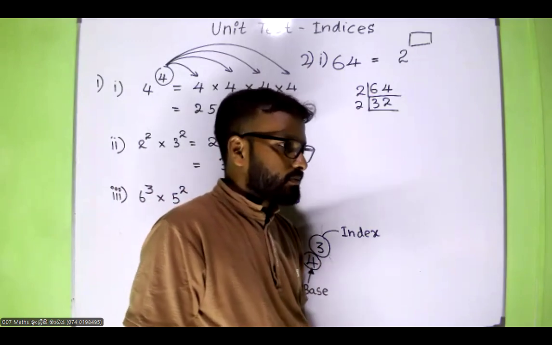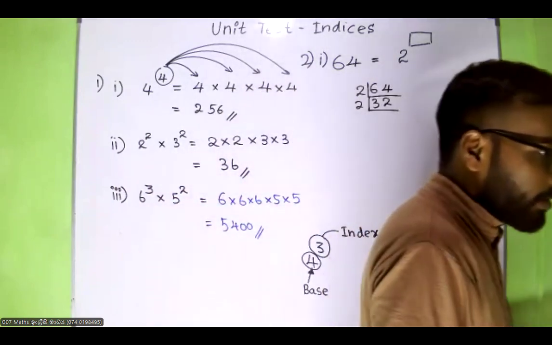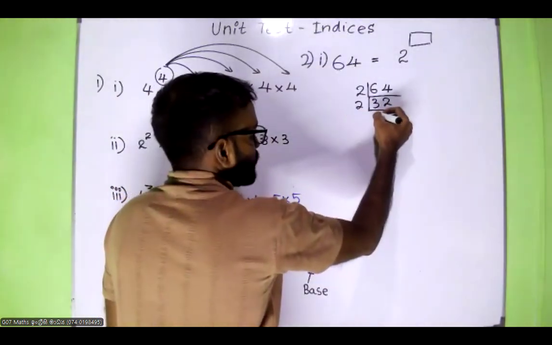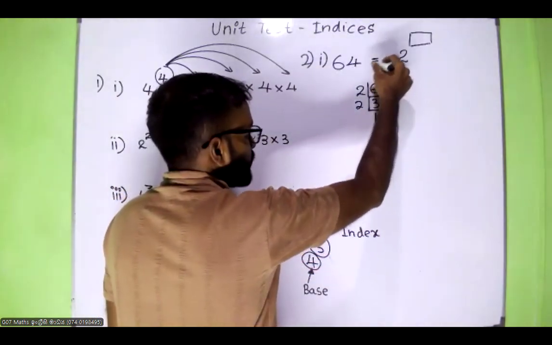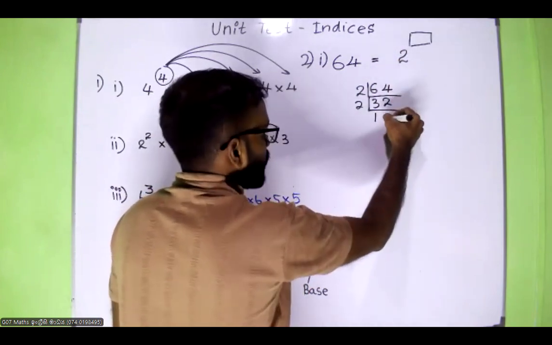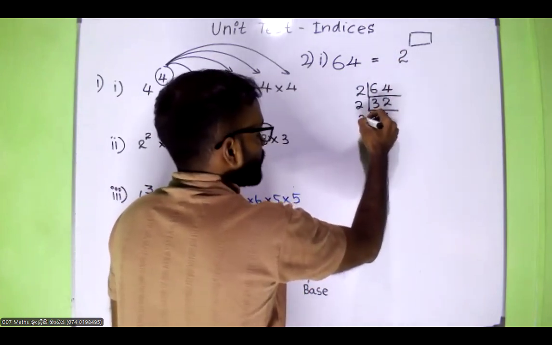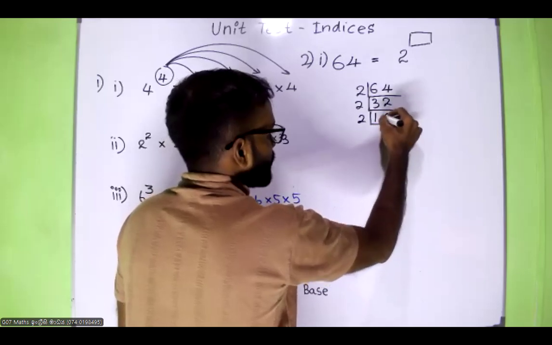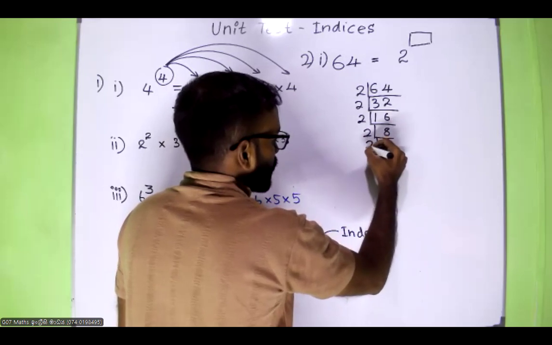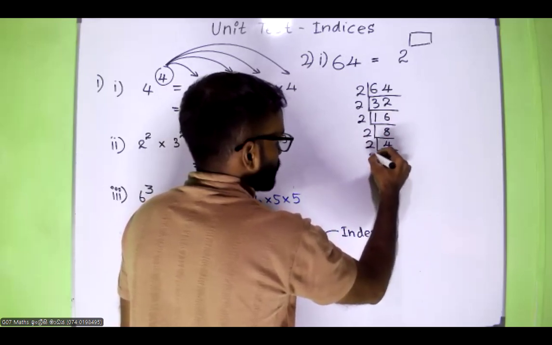Yes, 16. 2 times 1 is 2, then 2 times 6 is 12, so I have to put 16. Then I will do the rest: 2 times 8, then 2 times 4, 2 times 2, 2 times 1.